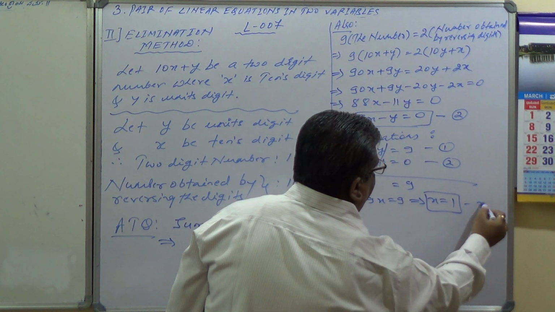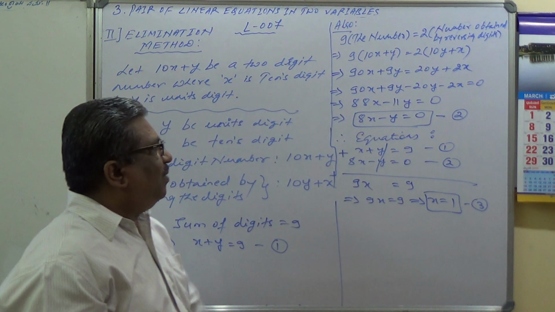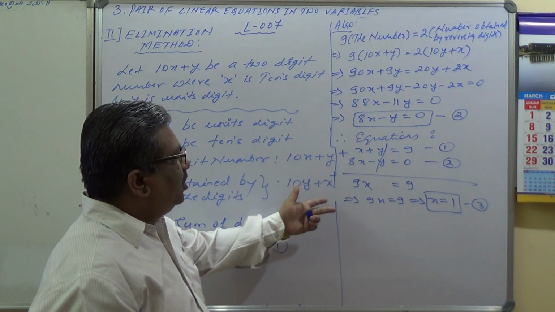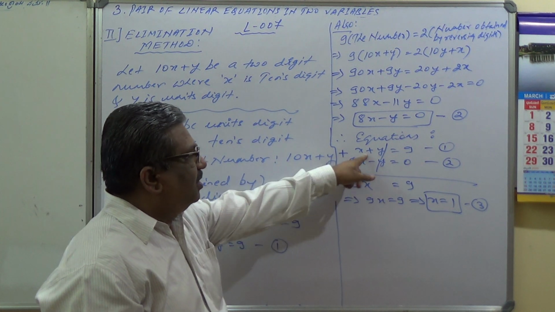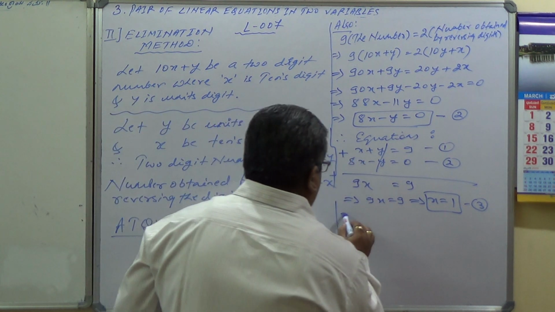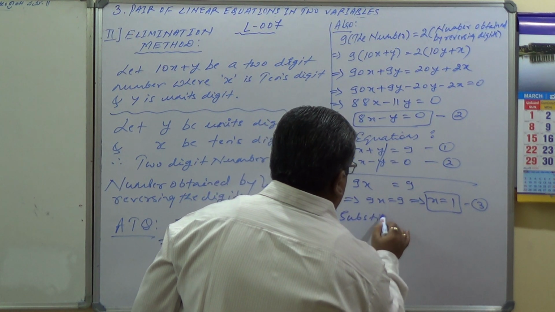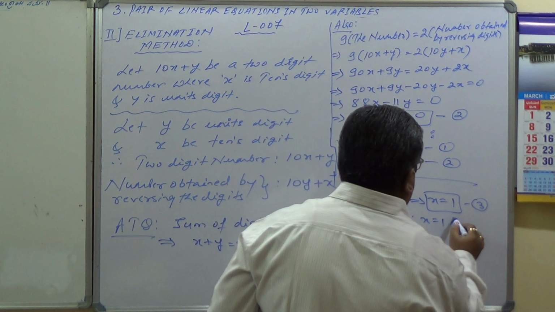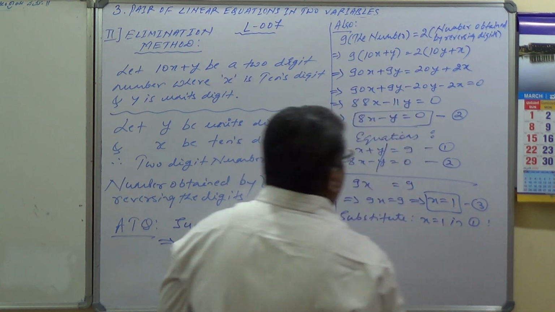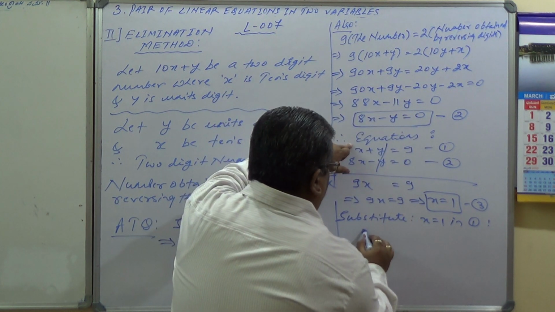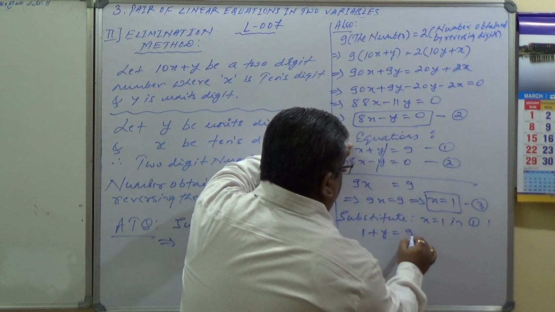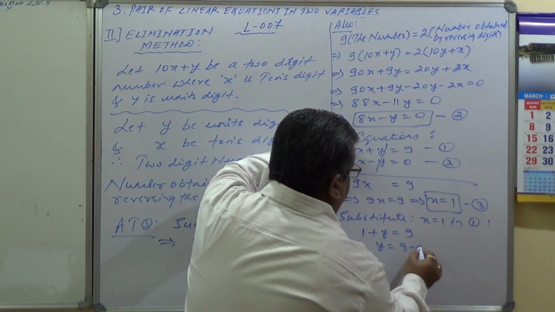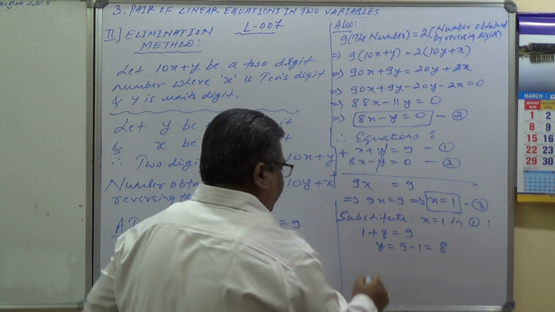This is the third equation. Substitute x equals 1 in which equation? Equation 1, to get the value of y. Substitute x equals 1 in equation 1. What is that equation 1? 1 plus y equals 9, y equals 9 minus 1, which equals 8.